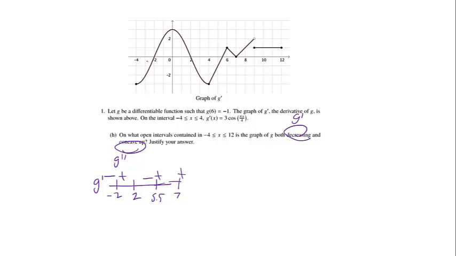And that's because I'm below the x-axis, then above, then below, then above, then staying above the whole rest of the time. Okay, and then from there, I'm also going to make a g double prime chart, which was my slopes, which I also made before. So I'm just rewriting what I had already done.